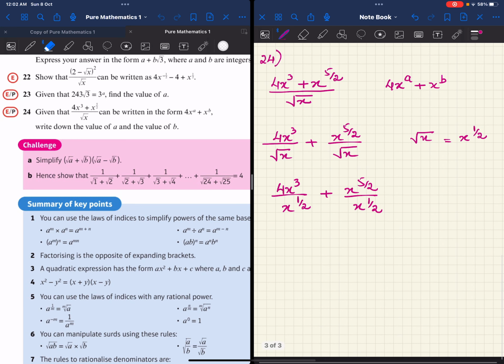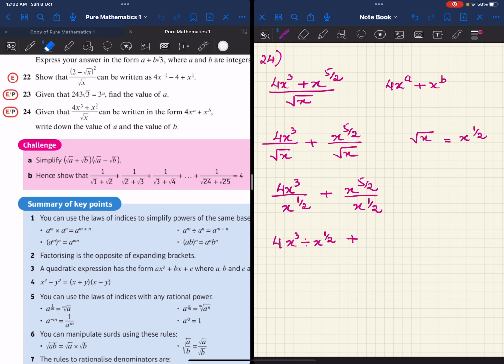And next step, we have x cubed divided by x to the power of half. This step can be done mentally also, because we can simply go ahead and subtract half from 3. But for those who may require a bit of understanding, this x cubed is dividing x to the half, so when the bases are the same and divided, powers are subtracted.